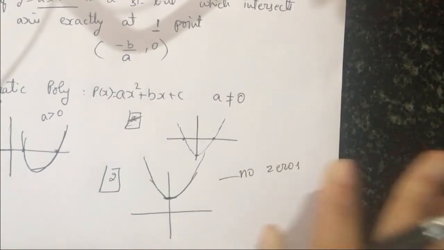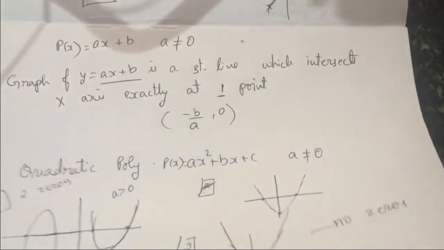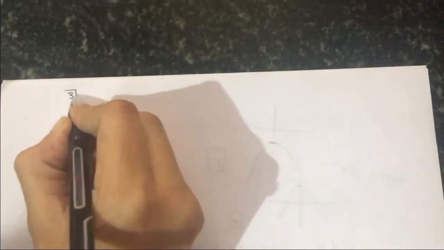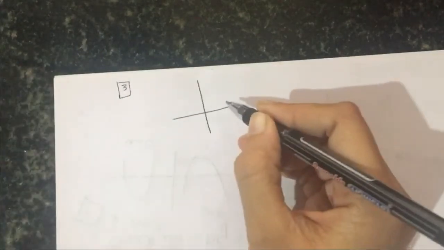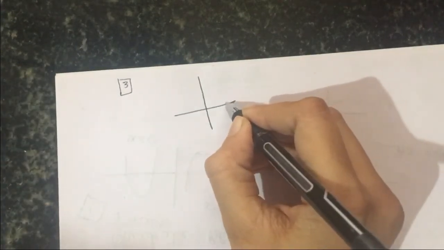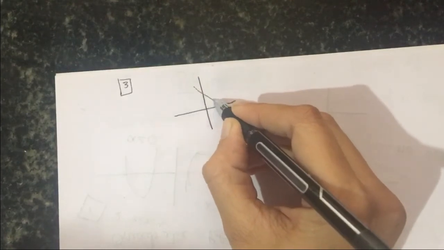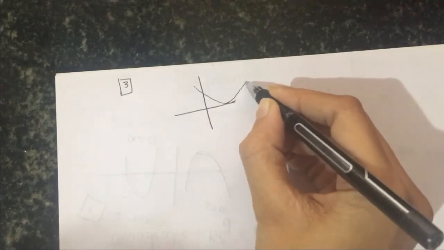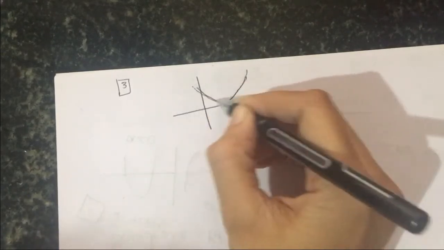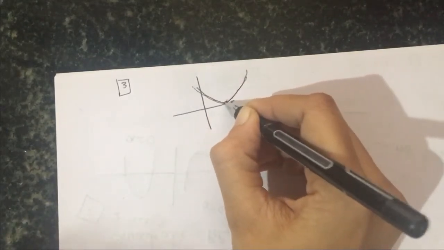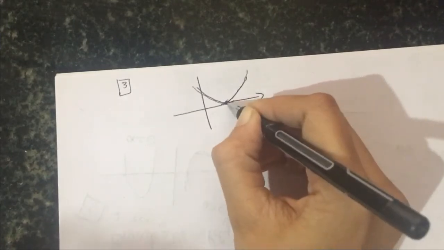I'll give you an example for each case. And the third case, something like this. When you draw up points, you are going to get a parabola, something like this. Okay, so it's intersecting the x-axis exactly at 1 point.